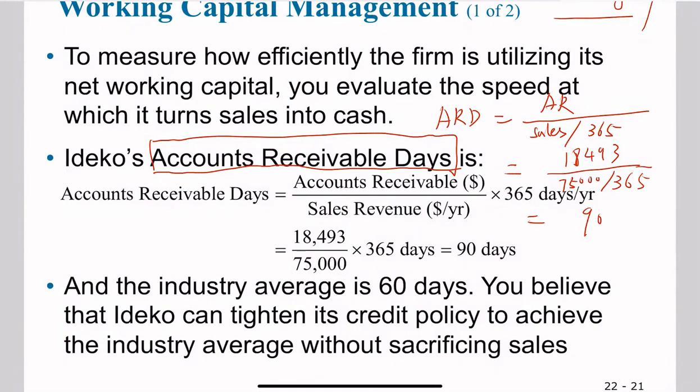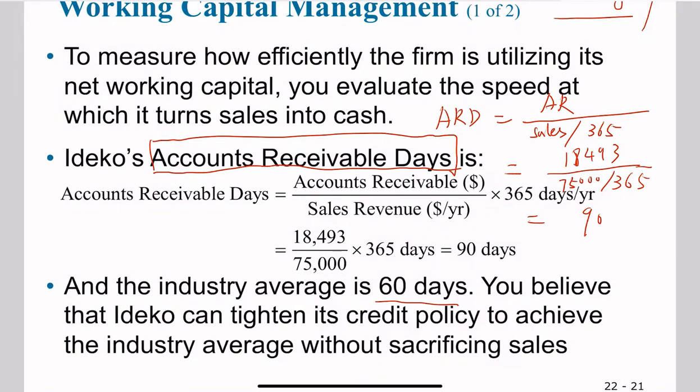And then you would compare this firm's accounts receivable days to the industry average. So let's assume you find out the industry average is just 60 days. And then it basically means you can make some improvements. At least you can decrease from 90 days to 60 days.